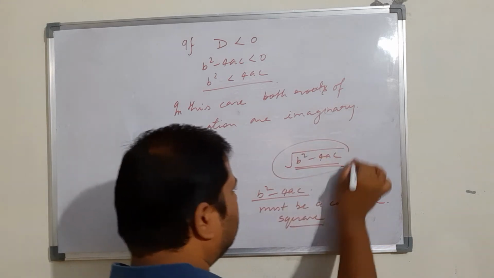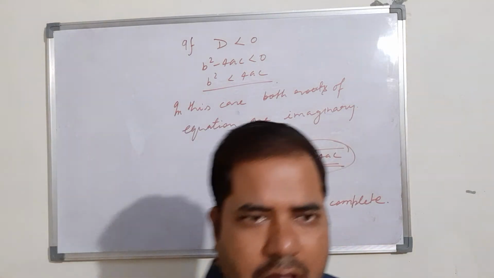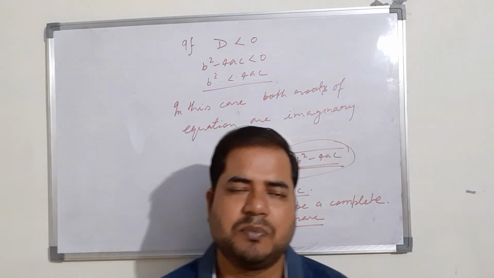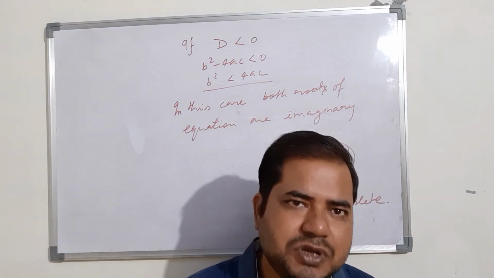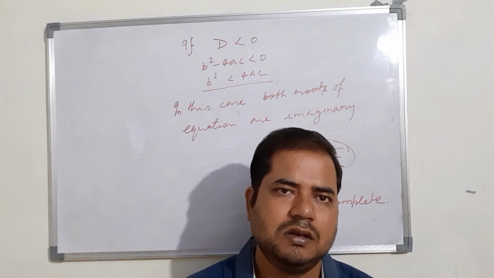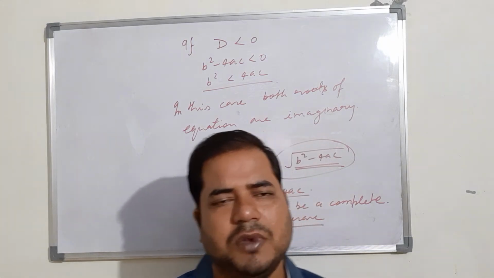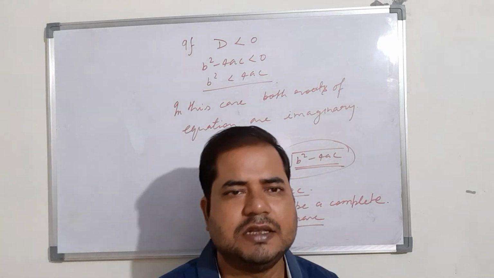Then only you can remove this square root. That means if roots are rational and real, then b square minus 4ac must be a complete square.